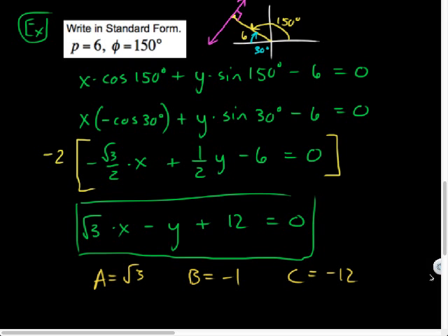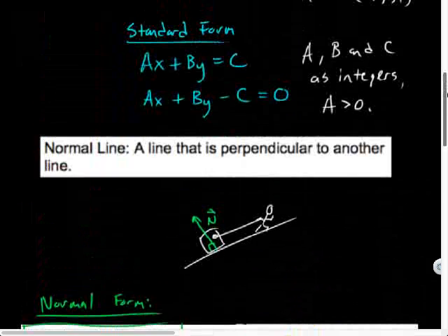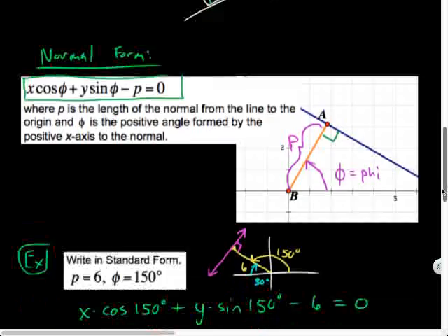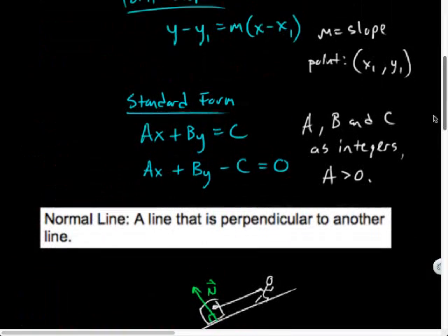All right, so just to point out, you can convert from normal to standard. I'm just trying to get us into the habit of, I think I've seen it both ways. Standard form is so unstandard.